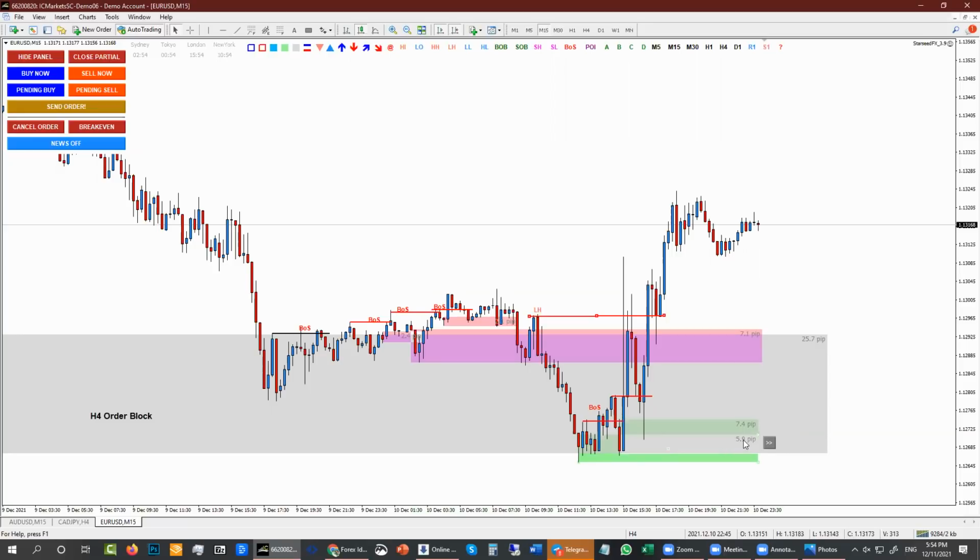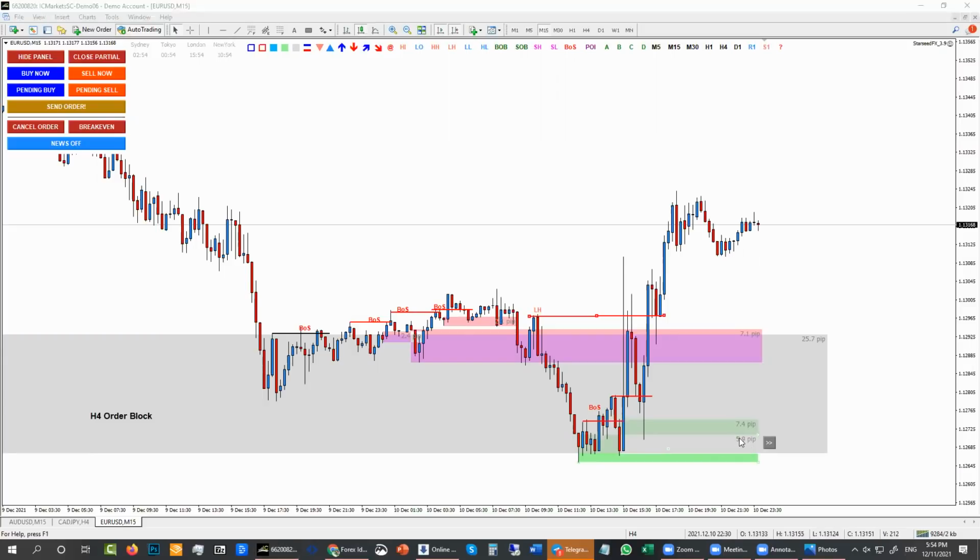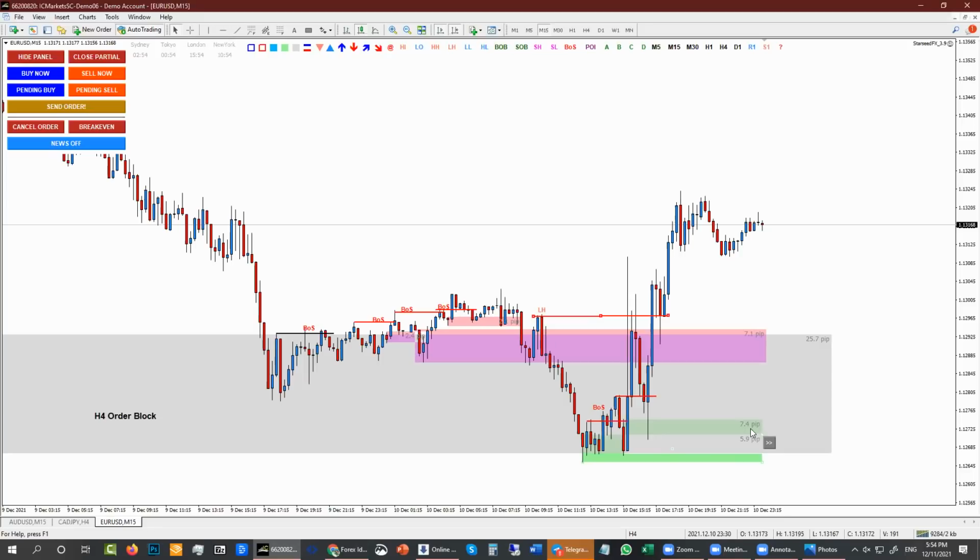So right now, I take a look, there is 5.9 pips. And for example, if my stop loss, let's say this is 2 pips, not 7. Okay, here is 4.5.